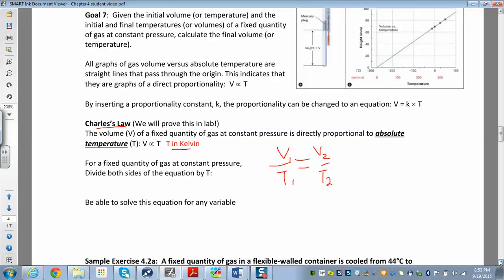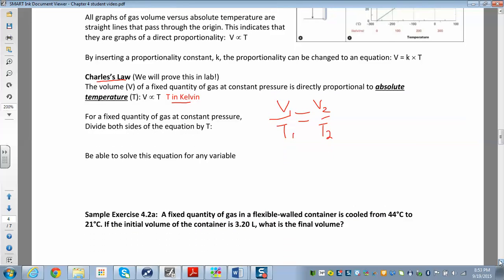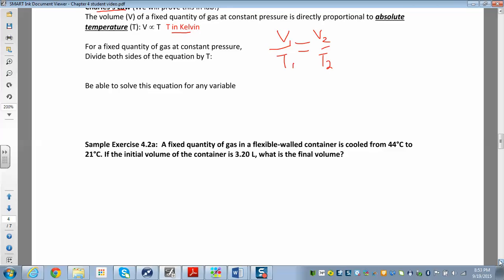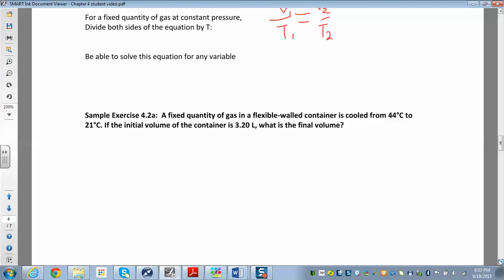Alright, so we need to remember that equation. That's going to be important. So let's try to use that equation in this problem here. So we have a fixed quantity of gas in a container that is cooled from 44. So our T1 is 44 degrees Celsius. Do you guys like Celsius? We like Kelvin. So we're going to add 273 to that to get our Kelvin temperature.